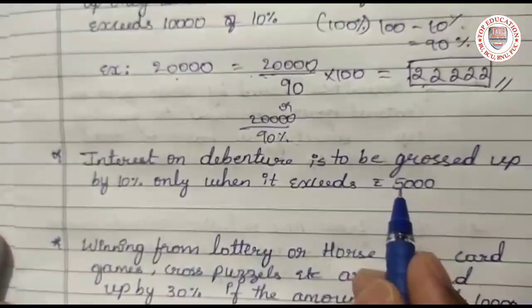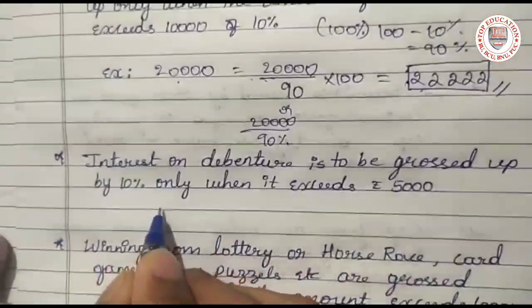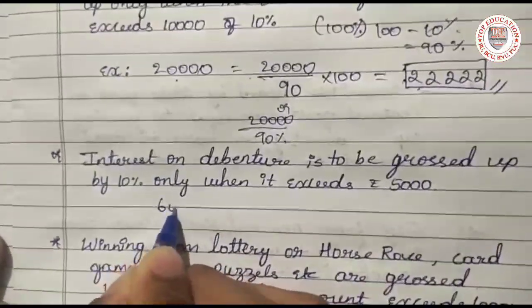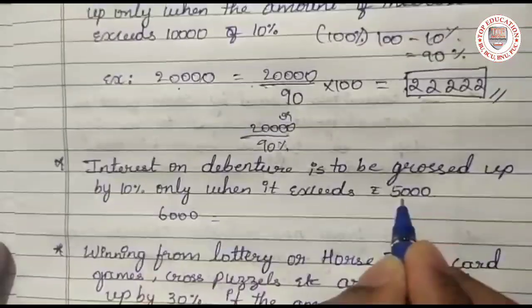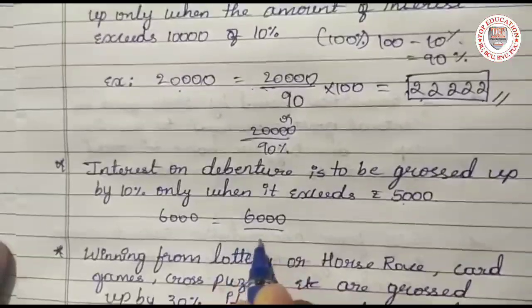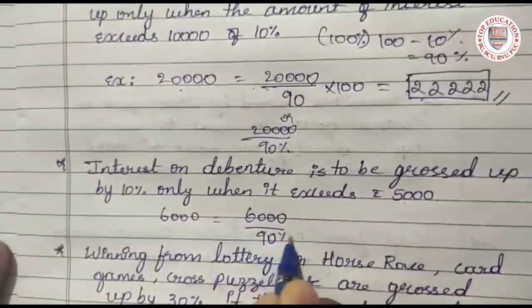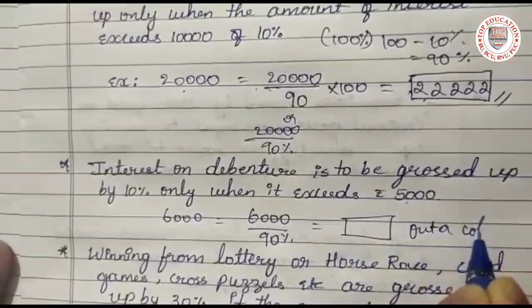If it is 5,000 and below, we should take directly the amount to the outer column. If it exceeds rupees 5,000, for example, if they give 6,000, we have to gross it up for 10%, which means 6,000 divided by 90%, then we'll get some amount and that we should take to the outer column.